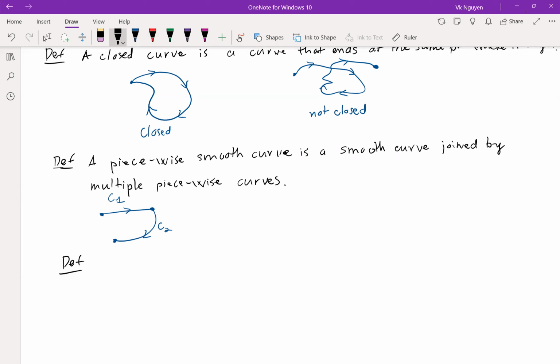Or you can have it like this, because this is a very useful piecewise smooth curve here. C1, C2, C3, C4.